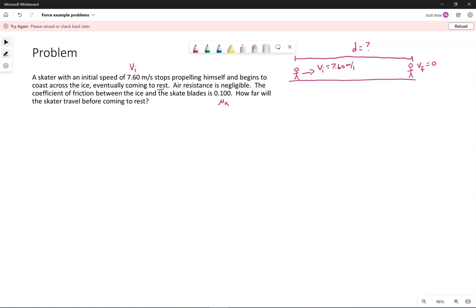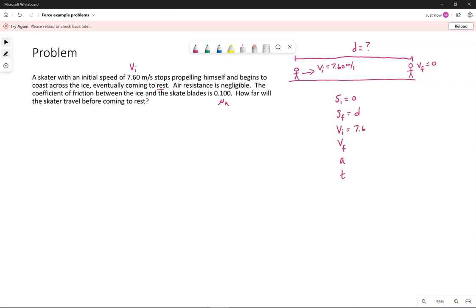So being given distance, being given speeds and wanting distance, that leads me to wanting to use kinematic equations. That's what we've talked about in terms of motion. Distance, speed. If I say his initial position is 0, his final position will be this distance d that we're looking for.